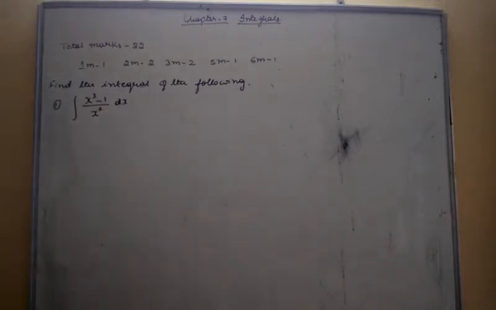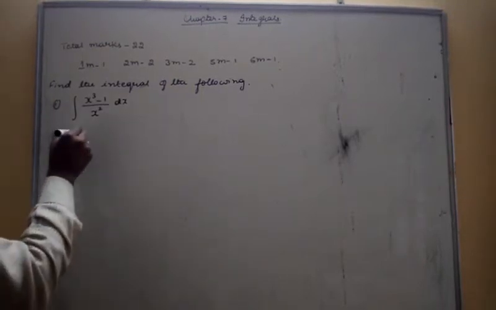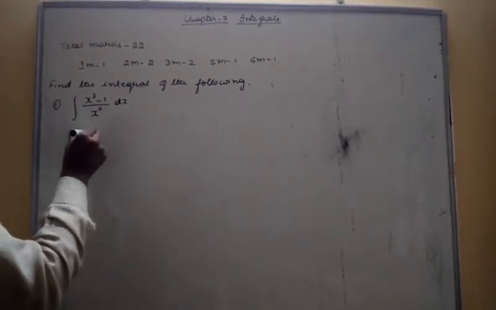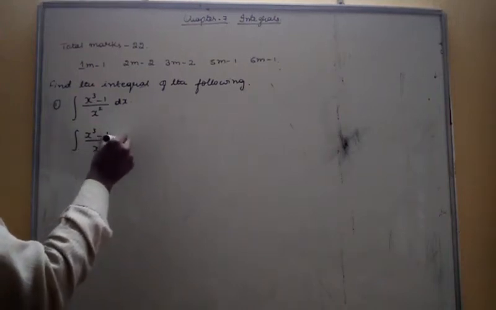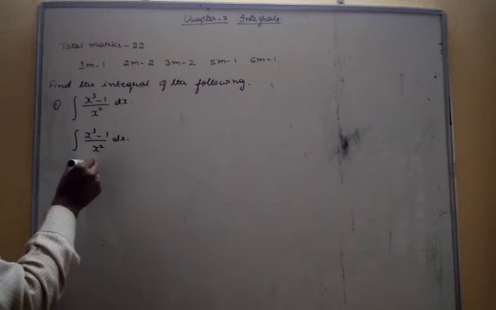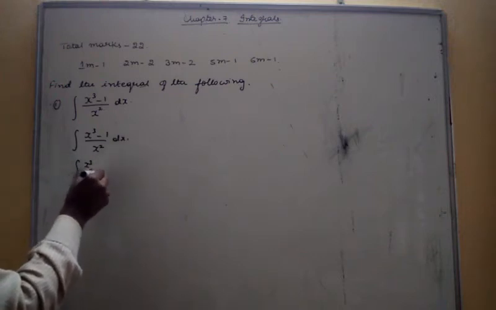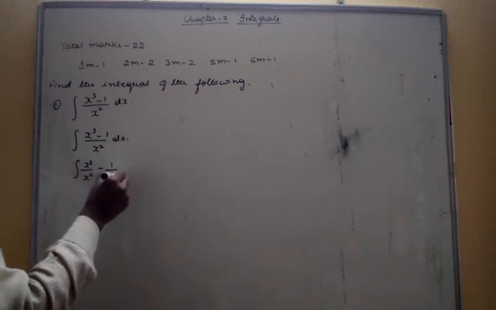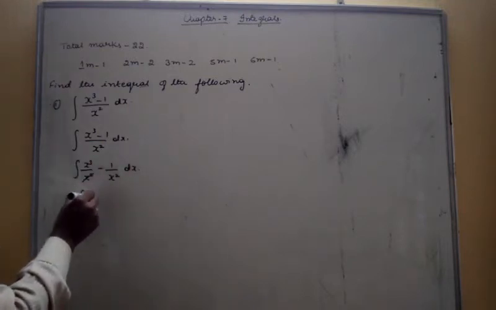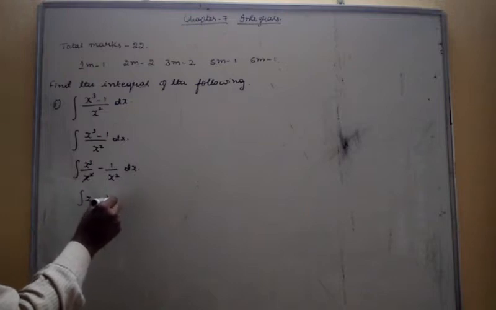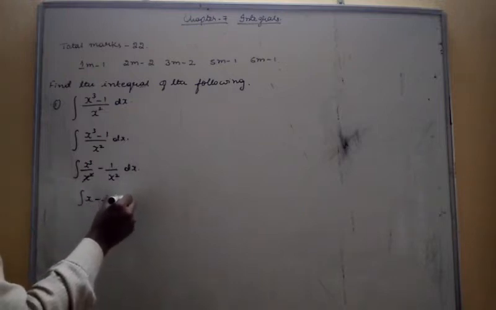We have to integrate this one. In this integration there is no quotient rule, so let us first separate it. X cube minus 1 by x square is given, so let us separate it: x cube by x square minus 1 by x square, then dx. We can cancel this, so x minus 1 by x square dx.